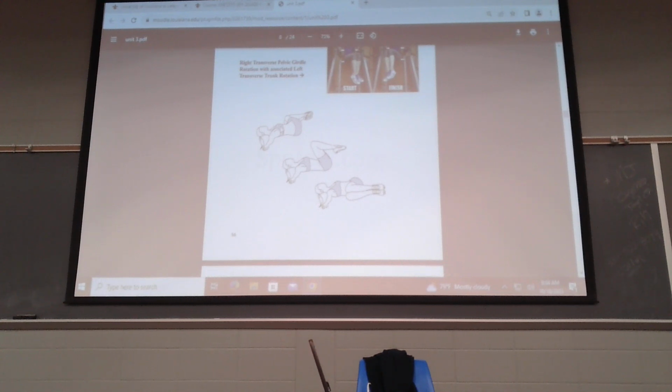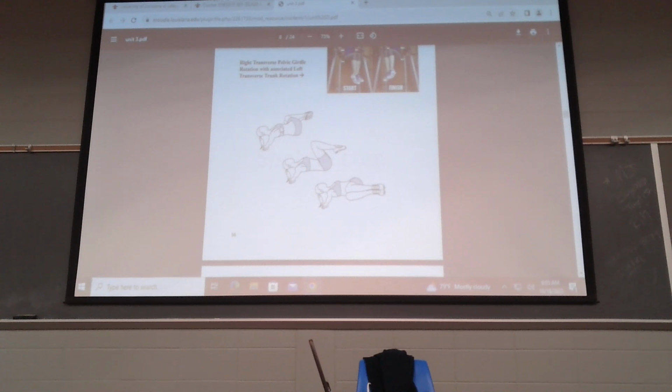And then we move to the middle and then we keep going down. And I'm going to ask myself the same question. Well, how is she twisted now? Well, she's no longer twisted to her right. She's now twisted to her left. Does that make sense? And so the third step is, well, how did your trunk go from being right rotated to left rotated? Left transverse trunk rotation gets you there. That's the only way that I could go from being twisted to my right to twisted to my left, is to have left transverse trunk rotation.